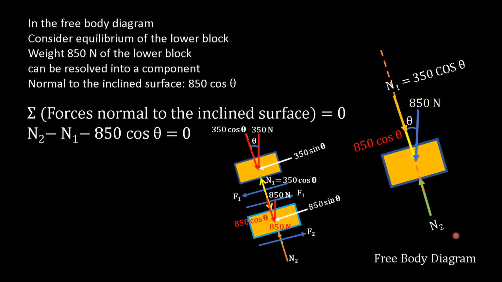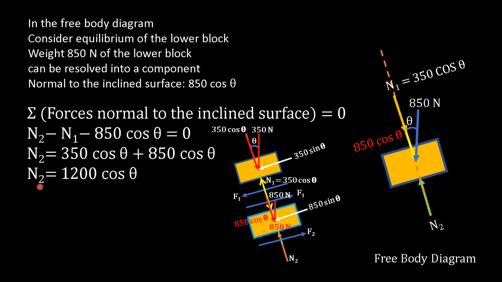N2 is positive because it is upwards. N1 is negative because it is downwards. 850 cos theta is negative because it is downwards. This gives us N2 equals 350 cos theta plus 850 cos theta because N1 is 350 cos theta. So N2 becomes 1200 cos theta.